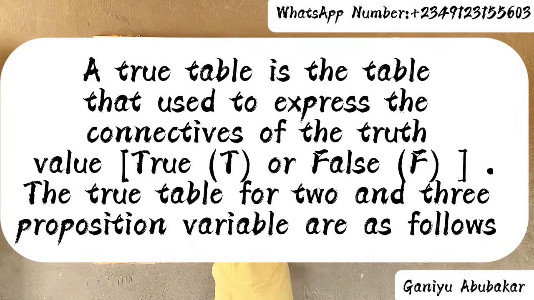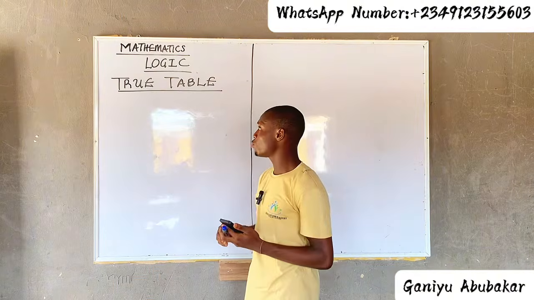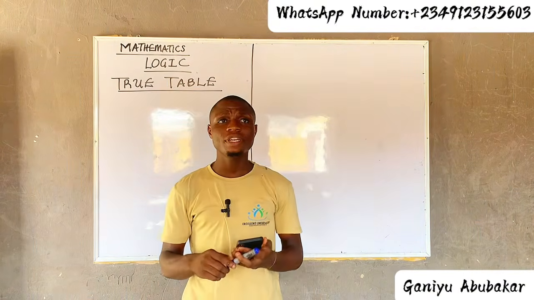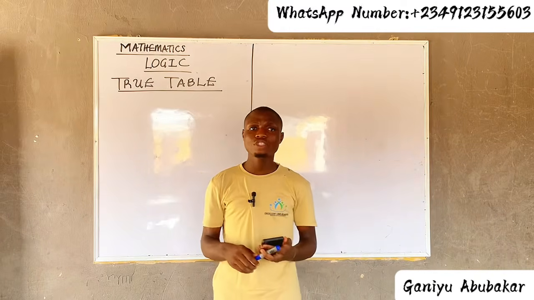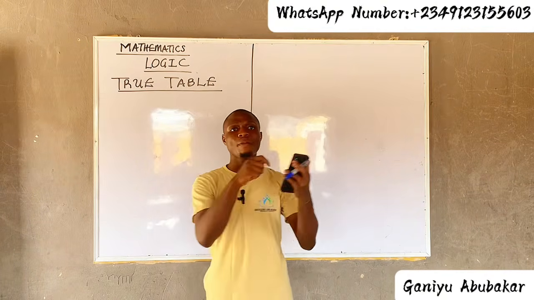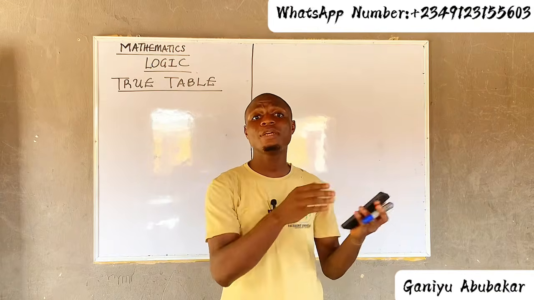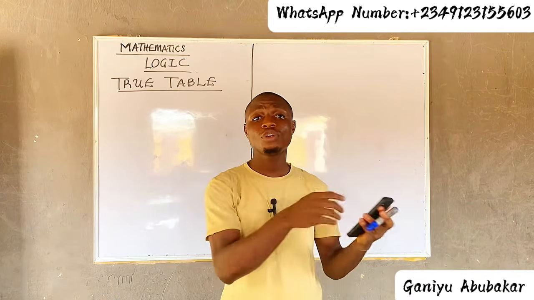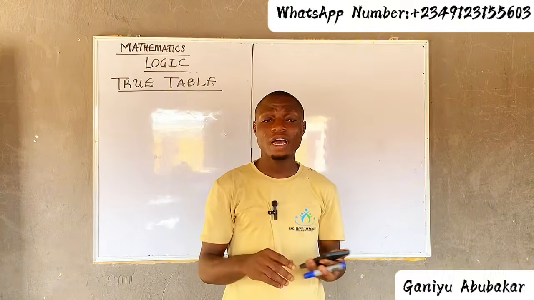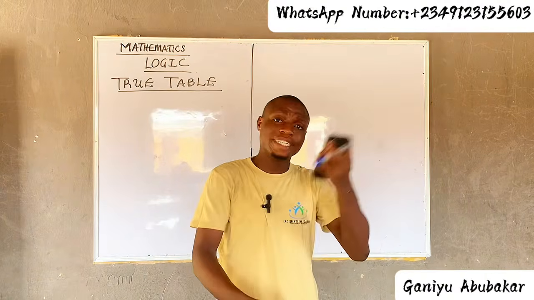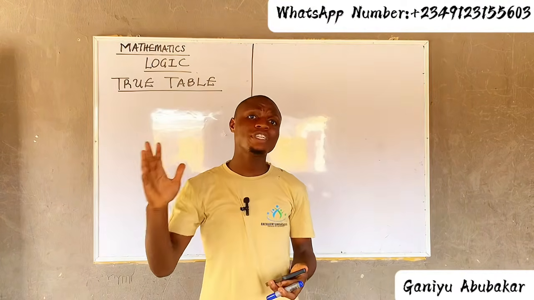All right. Basically, when it comes to a truth table, it is simply a table that has to combine propositional variables. And I said last class, when I said variable, I mean A, B, C or Q, R, S. Any alphabet that is used to represent a statement is said to be a propositional variable.